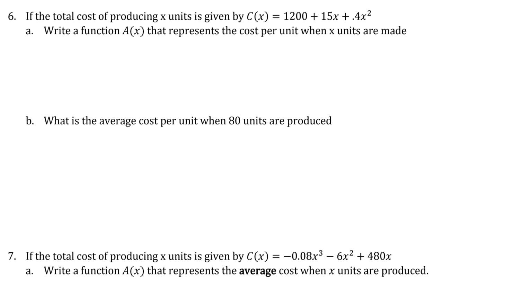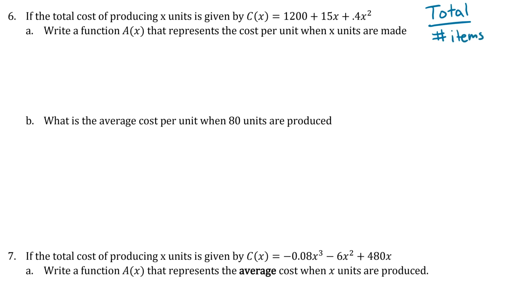Alright, so essentially what we're going to be doing here is finding the average cost, because it's the cost per unit, which is just the average. So how do you normally find an average? To normally find an average, you take the total and divide it by the number of items that you totaled up.